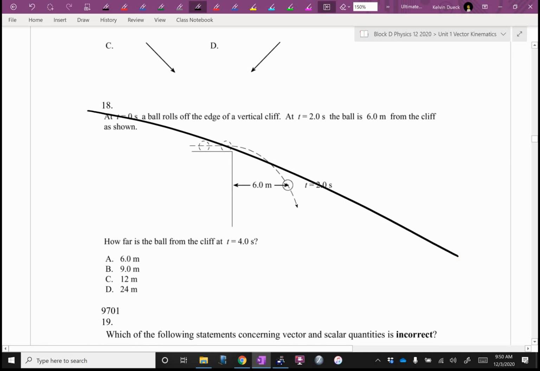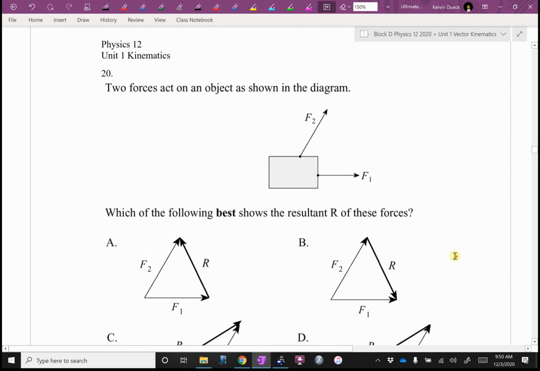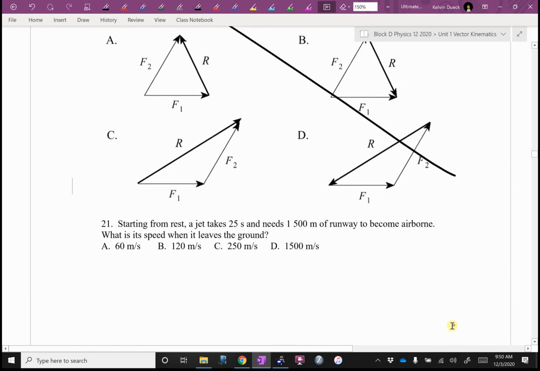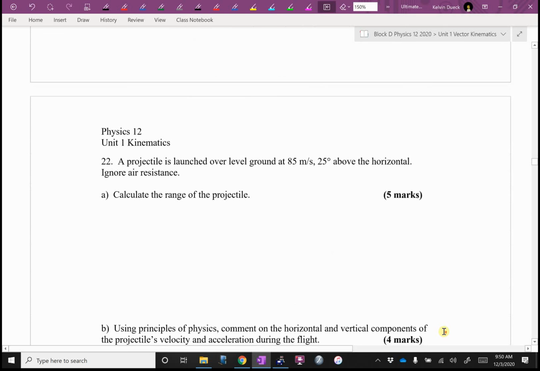You can scratch 18. 19's fine. Don't like 20. Cross out 20. 21 is okay. Oh yeah, it's asking you to find V final. Never mind, that's fine.